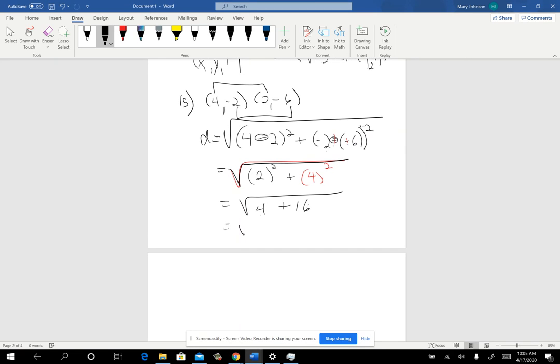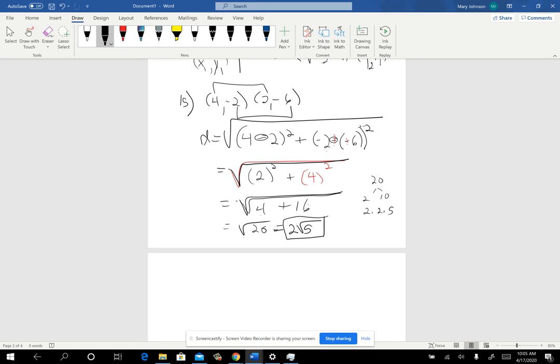That would not be correct. This is a grouping symbol, so you have to do what's underneath it first. So you'll get a 20. You take 20 and break it down, and you find out it's 2 times 2 times 5. So that means there'll be a 2 on the outside and a 5 underneath. And that would be your final answer on that one.